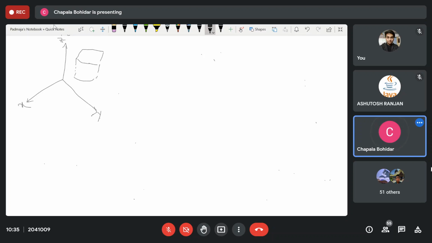Here, the projection of the surface, the domain that lies on this xy plane, is like this.